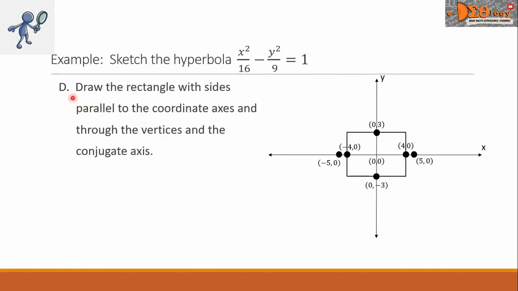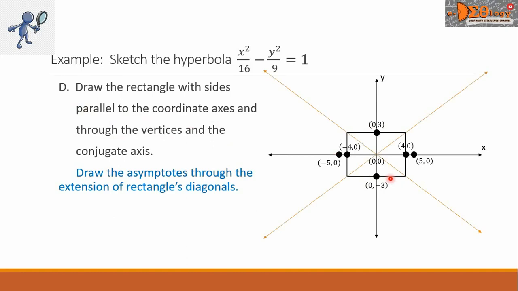Letter D, we will draw the rectangle with sides parallel to the coordinate axes and through the vertices and the endpoints of the conjugate axis. Here is our rectangle. Then we will draw the asymptotes by simply drawing the diagonals and extending them.